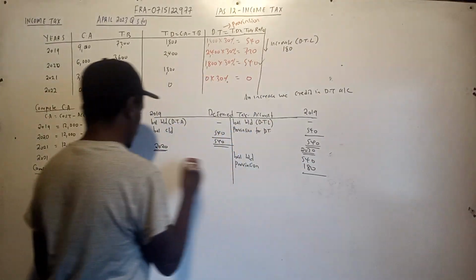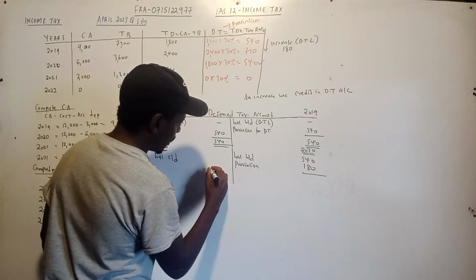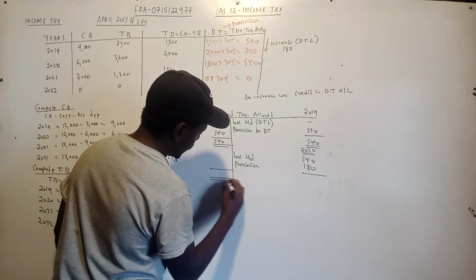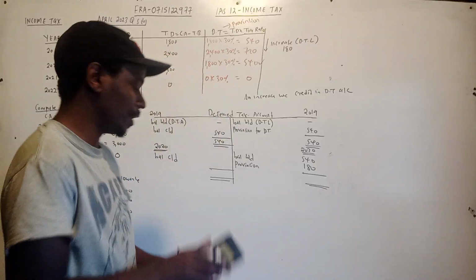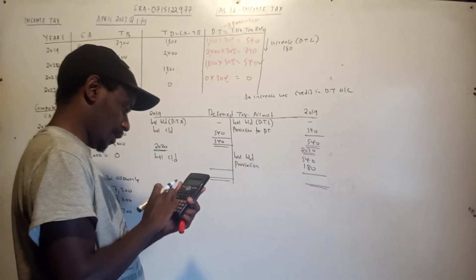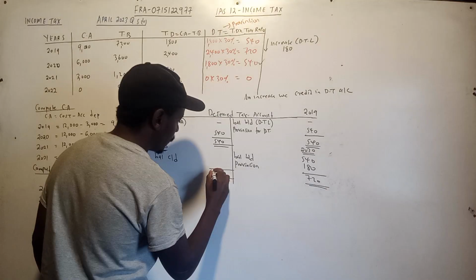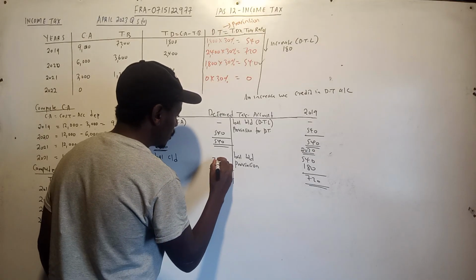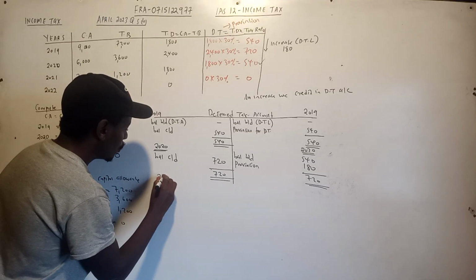Then we get the balance carried down. Then we balance the account. So let's balance this account. 540 plus 180 is 720. So the balance carried down is 720. Let's go to 2021.